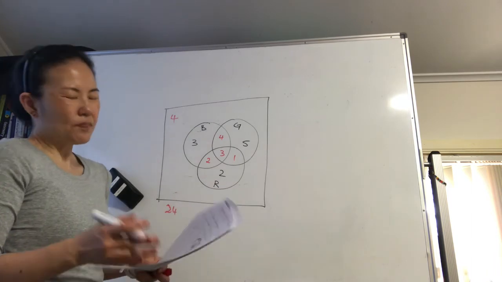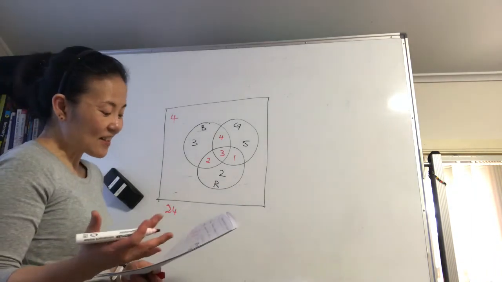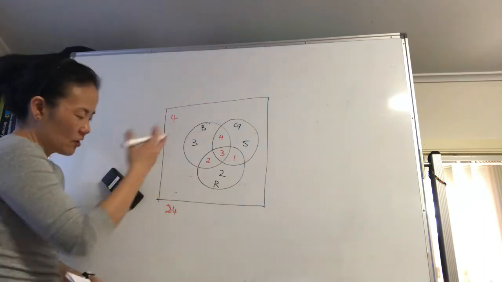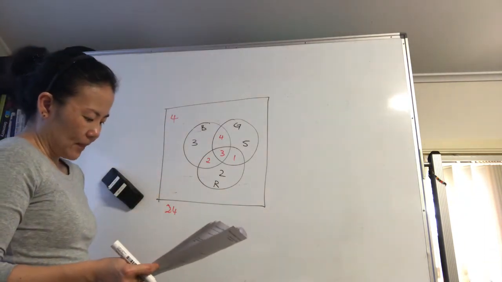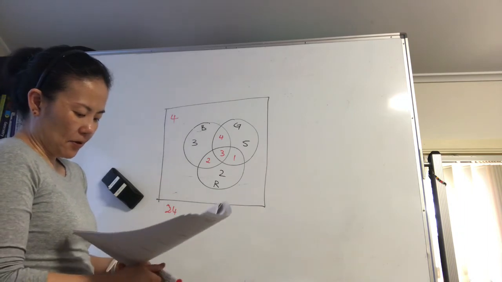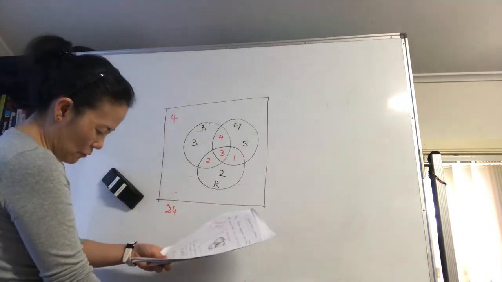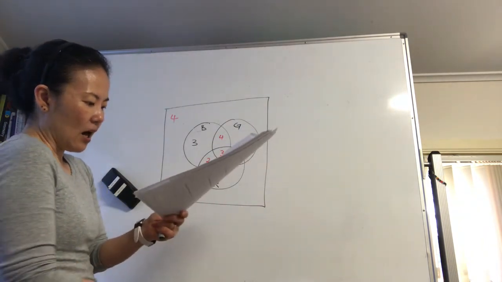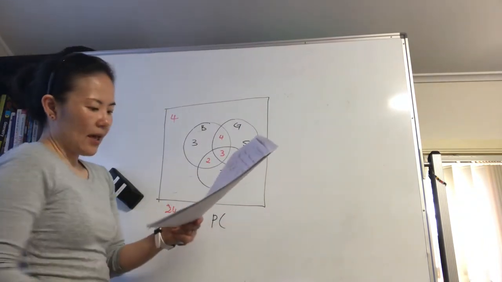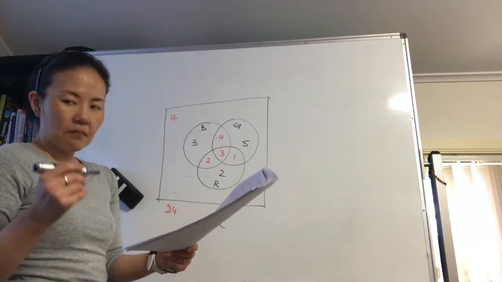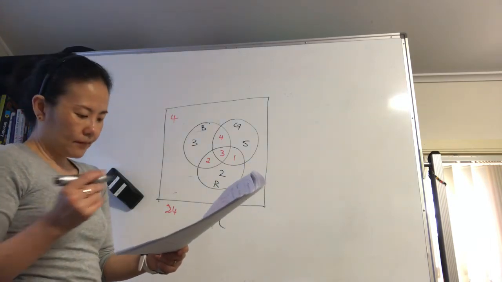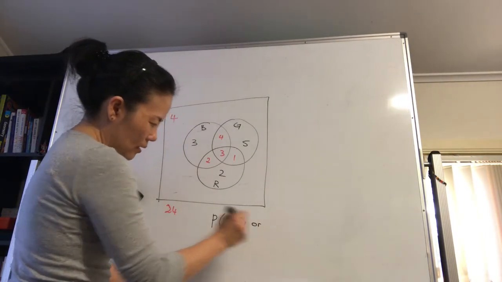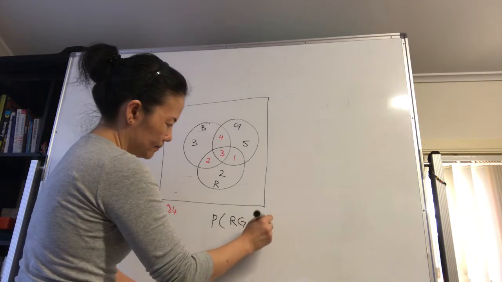24, okay? Well, the question says members of a class of 24 students, so you know it's 24. All right, so anyway, the question is, if one member of the class is chosen at random, what is the probability that they are a red-haired guitar player, or basketball player?